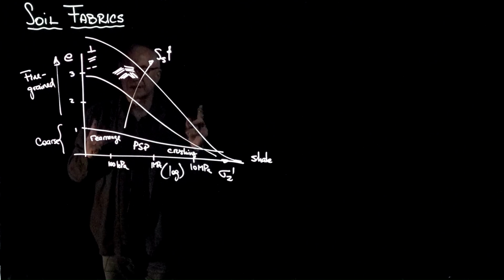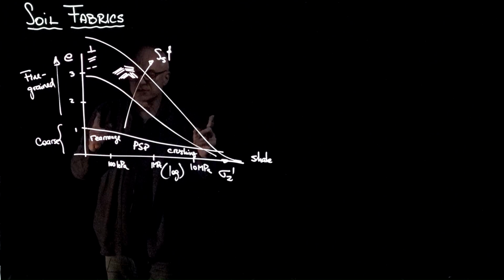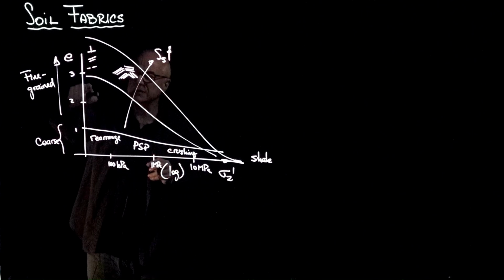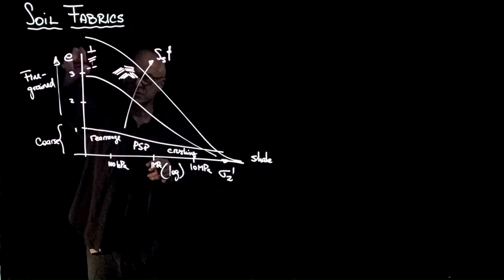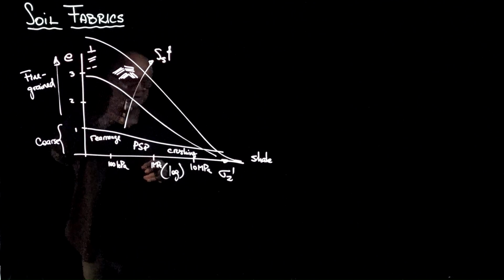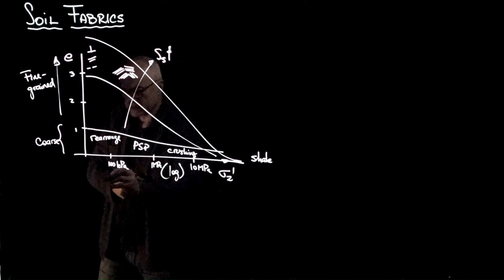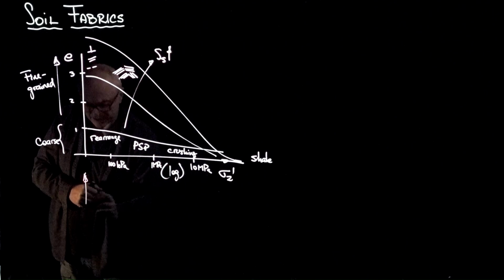Then there are several questions, such as what determines these asymptotic values of void ratio, both at low stress and at high stress. Let me address only the asymptotic void ratio at low stress.